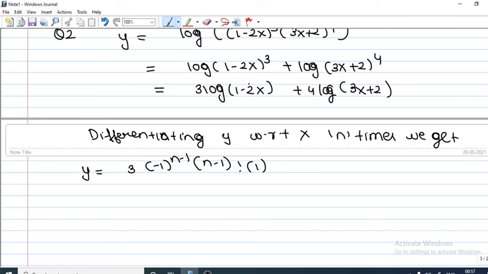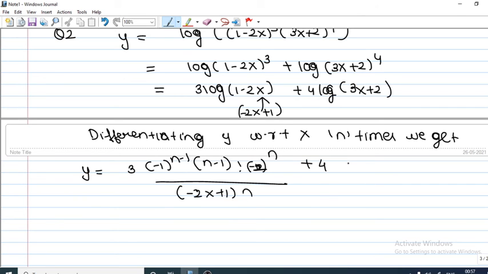Many children will get stuck here. They will write a as 1, which is entirely wrong. a is minus 2. The format is minus 2x plus 1; you have to write it like this, observe it like this, and then you will be able to tell that a is minus 2. Otherwise you will make a mistake. The whole upon minus 2x plus 1 the whole power n.